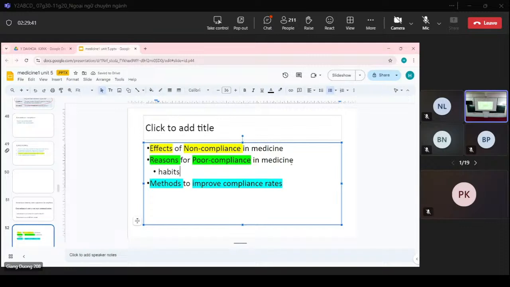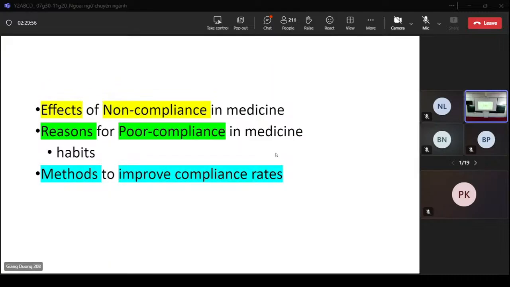I think habits is the only reason. Yes, they may feel uncomfortable taking some medicines. Maybe it was so bitter, or it feels not good to take the medicine. They feel not good, and then they abandon the prescription.